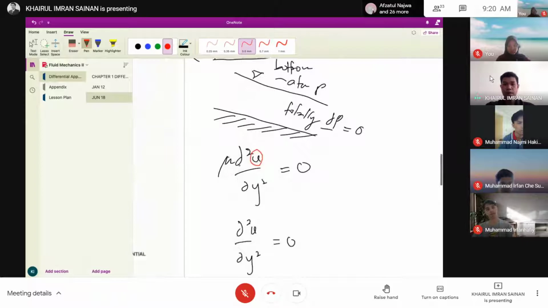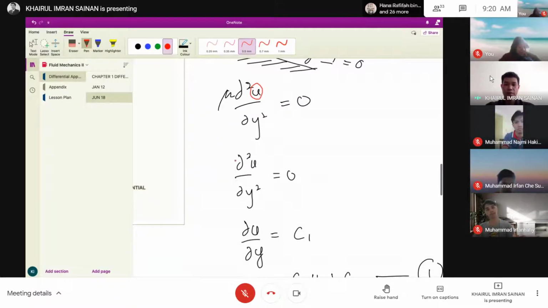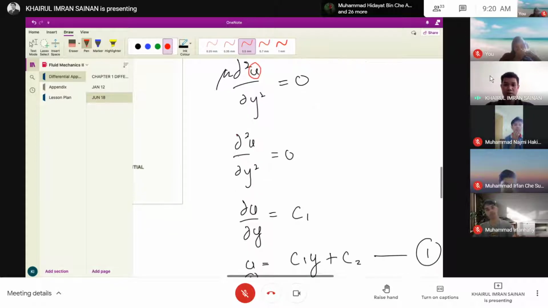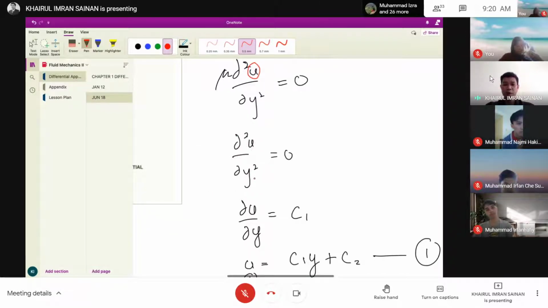So mu del squared u over del y squared equals 0. The mu cancels out, we move it to the right side. Then next we solve the differential equation. We need to integrate del squared u over del y squared, integrating both sides, left and right.